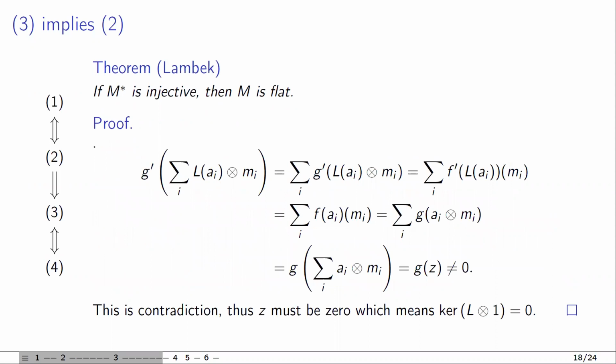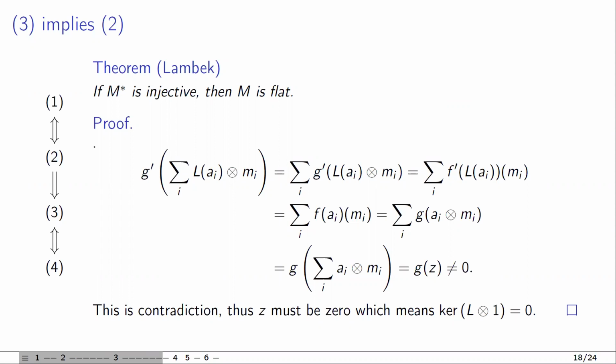But on the other hand, G prime applied to this sum, because G prime preserves addition, we can just put the G primes inside and use the adjunction. We see that the sum of G prime evaluated as L_AI tensoring with M_I is just the sum of F prime of L_AI applied at M_I.